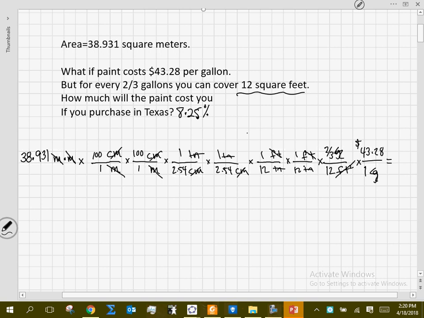So why don't I take 100 plus 8.25% and actually use that as what I multiply by? So take whatever that multiplies out to be, and multiply it by 1.0825, and that will tell me how much money I need to go to the paint store to buy this paint. Provided the paint store will give me paint per volume, okay?